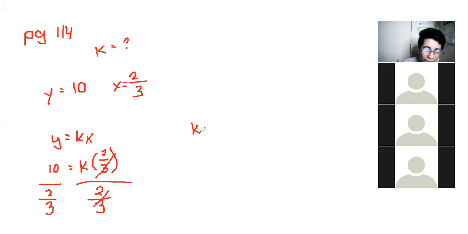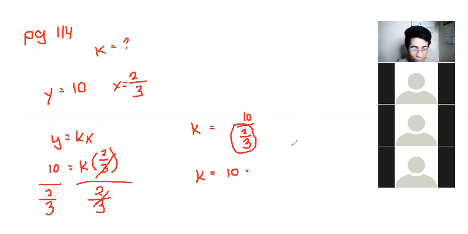Magkakaroon tayo ng k is equals to 10 over 2/3. Okay? So, para malaman, itong 2/3, i-reciprocal natin at i-multiply natin kay 10 para ma-solve natin. So, ilagay nyo si 10, then multiply times reciprocal ni 2/3. What is the reciprocal of 2/3?